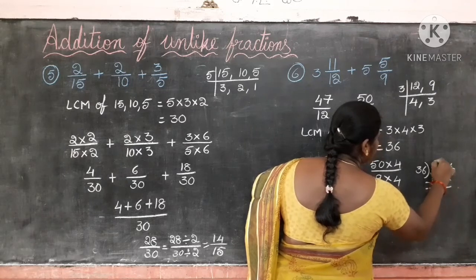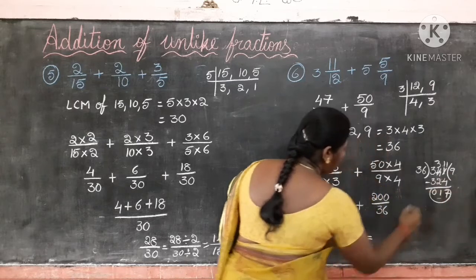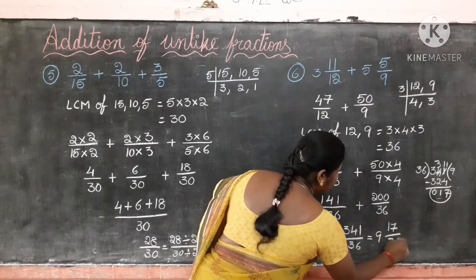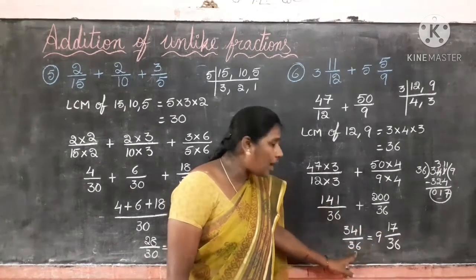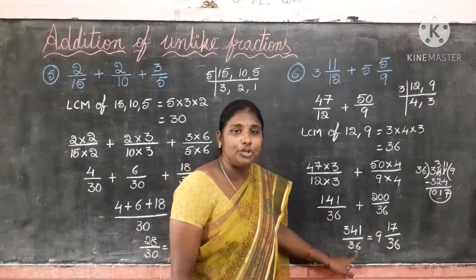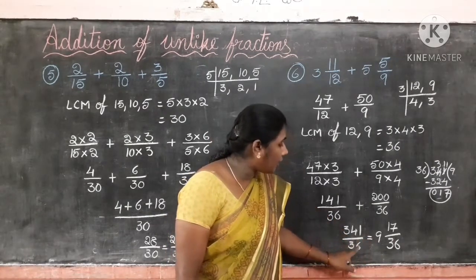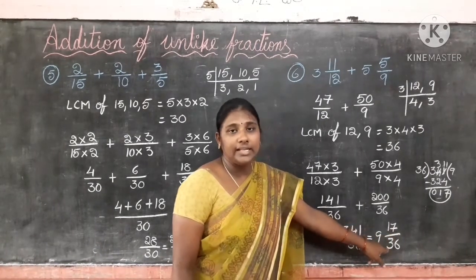Here 11 3, 11 minus 4, 7. 3 minus 2, 1, 0. So 9 17 by 36. So the answer for this 341 by 36 is equal to 9 17 by 36.